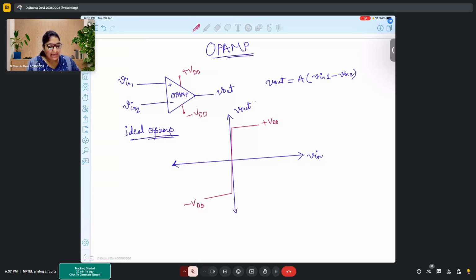So ideally, the input range that it offers is very small. And if we take a practical op-amp, then also the input range is very small.